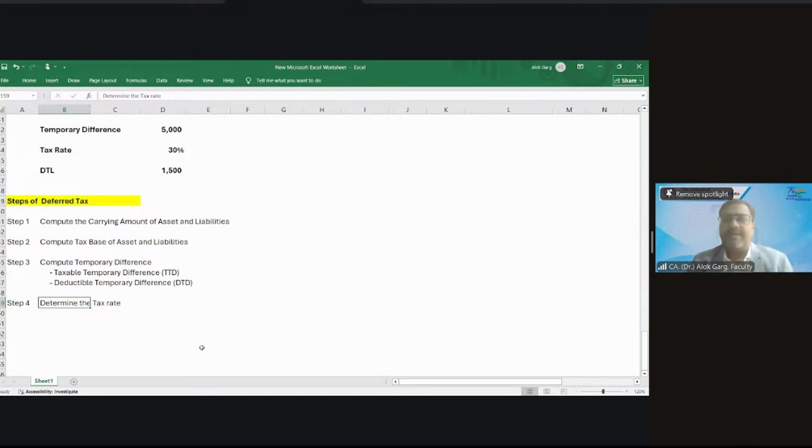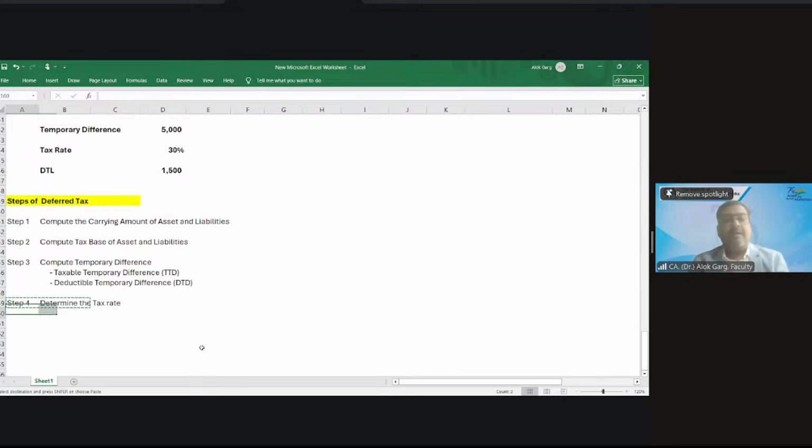I filed my tax return in September this year for the year up to 31st March 2025, and paid taxes on the rate already in force. But if a new tax rate is enacted for future years, the deferred tax will be adjusted, paid or recovered on the basis of the new tax rate. That is why step number 4, determine the tax rate, is there.